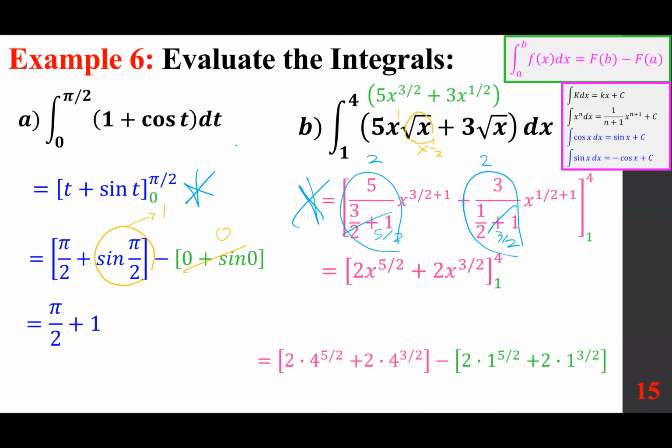Basic math, we want to evaluate it. So 4 to the power of 5/2 means the square root of 4 to the power of 5. And 4 to the power of 3/2 means square root of 4 cubed. Now this is 2, and 2 to the power of 5 is 32.